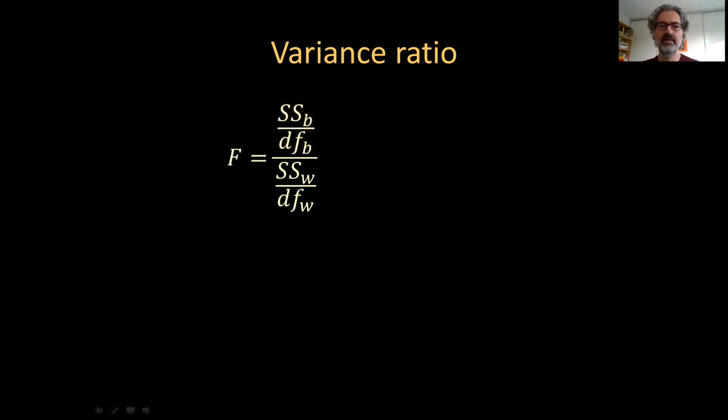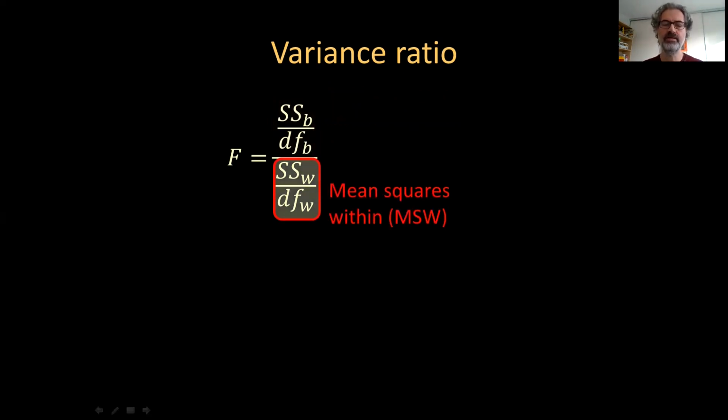And in the denominator, we have what is called the mean squares within, or the residual mean squares, which is the sum of squares within the group. So each data point from its own group mean, squared and summed, divided by the degrees of freedom within.